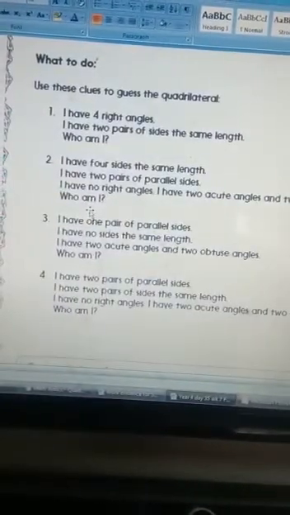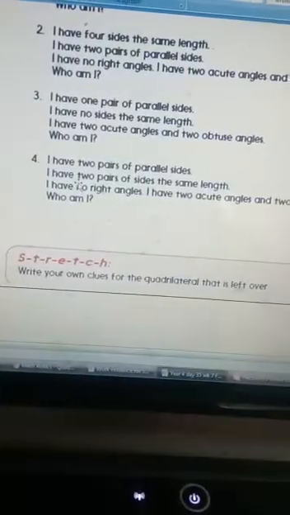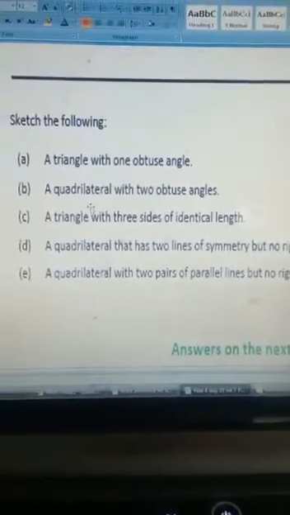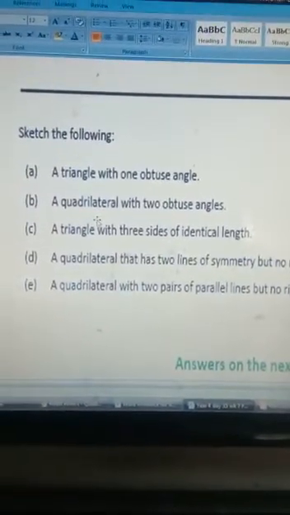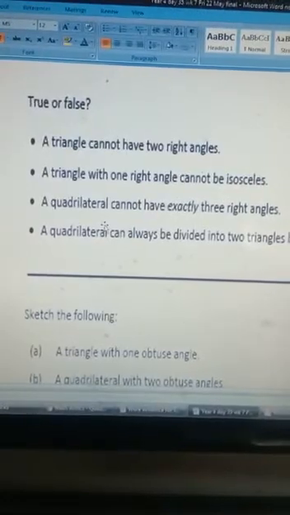As I say, there are 4 clues there. Which shapes above would fit into those descriptions? And we've got a check your understanding, sketch the following, and true or false.